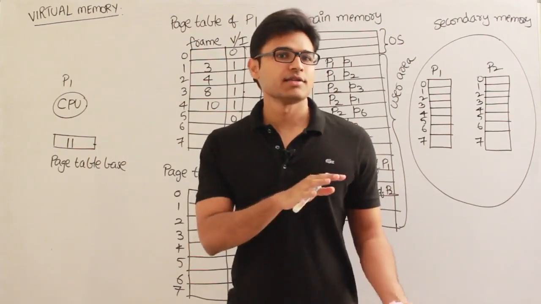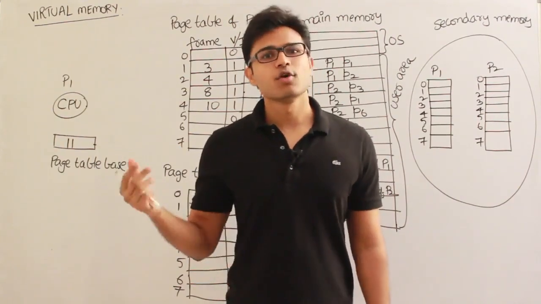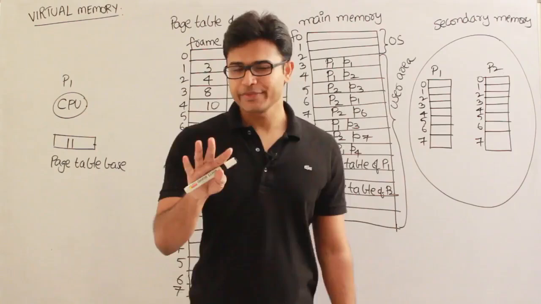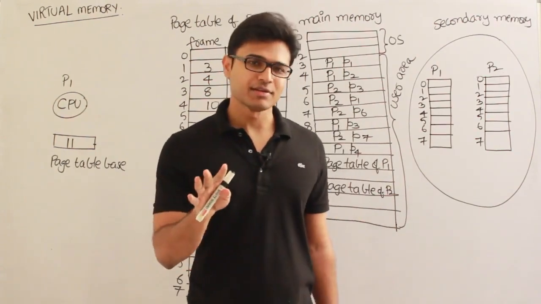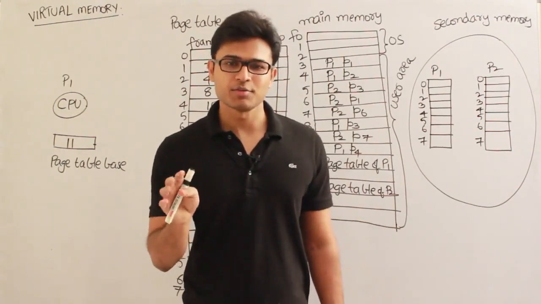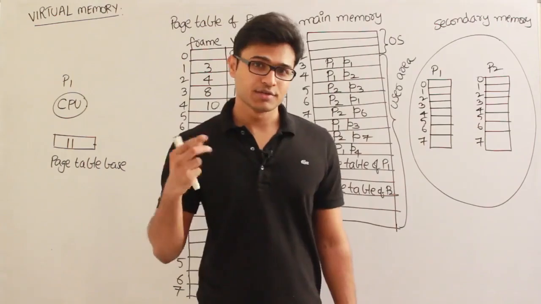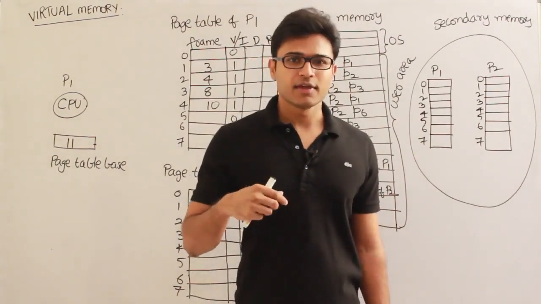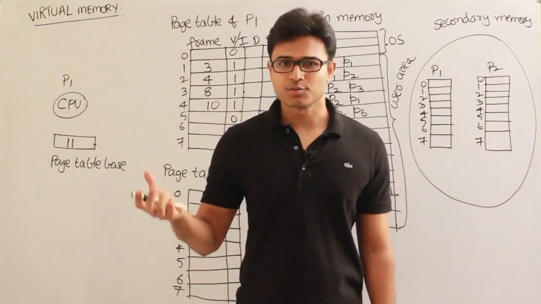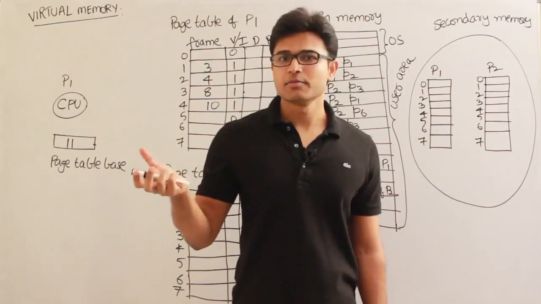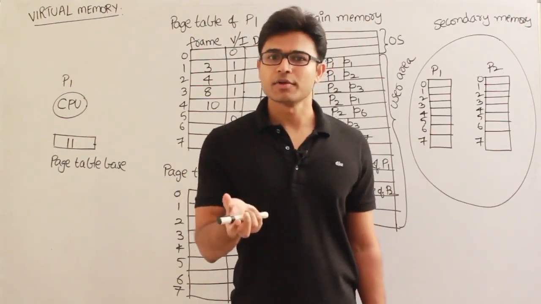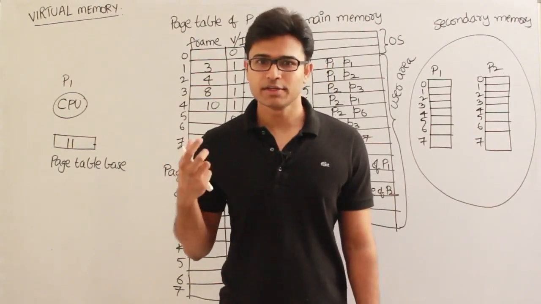So if the hard disk is, let us say, 1 terabyte, he can go up to 1 terabyte of program. That is not actually possible, I mean, these big programs are not actually possible, but still a user can think that there is a lot of memory at his disposal, and that the main memory is equal to the secondary memory. That is the illusion the operating system will create.